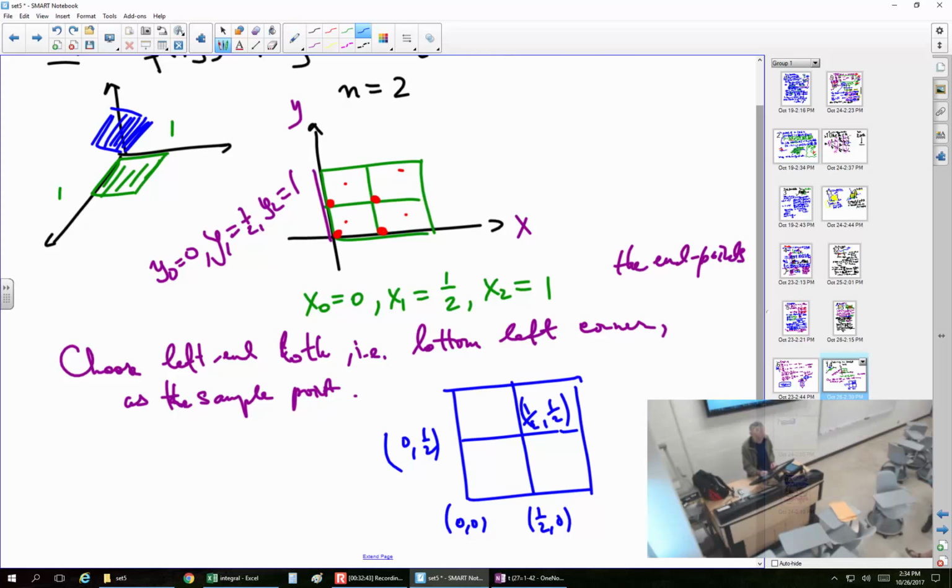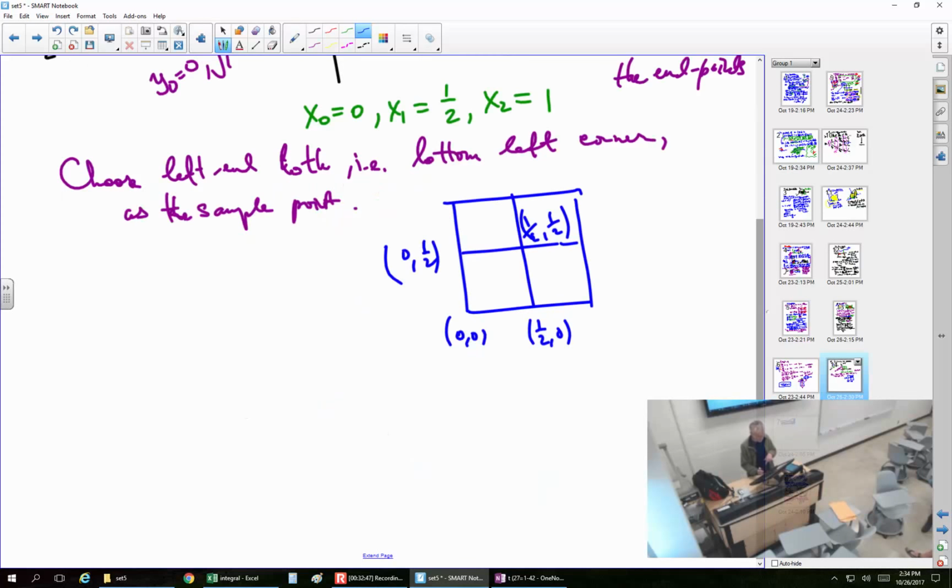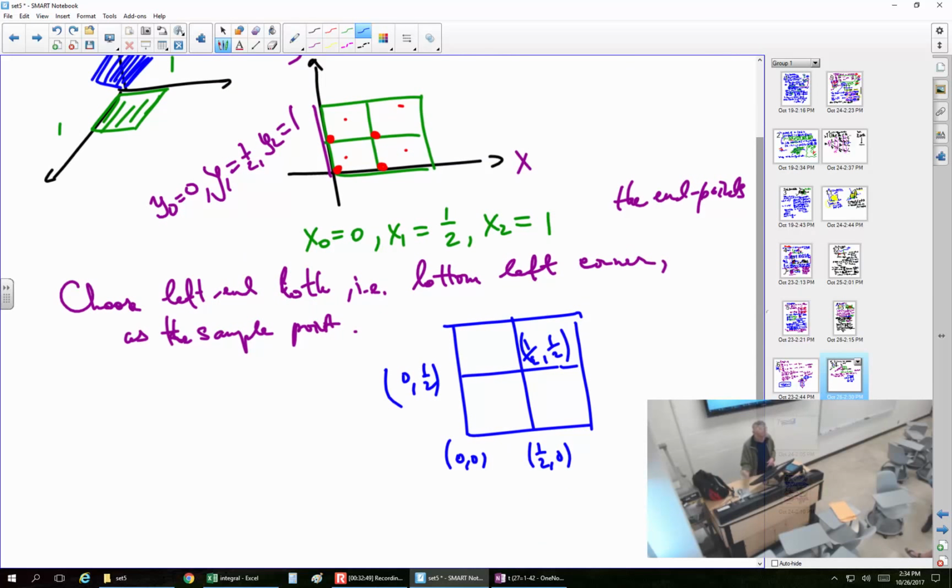Okay, so these are my 4 sample points. Now I evaluate the function at these points. So the values of the function will be 0, 1/2, 1/2, and 1. So evaluate f, and that's what we get.